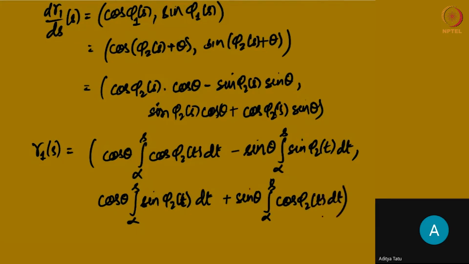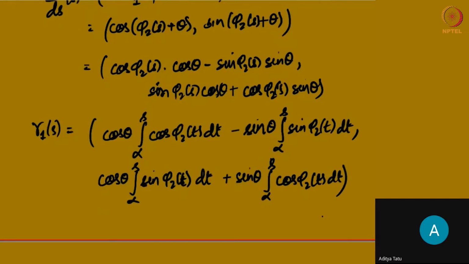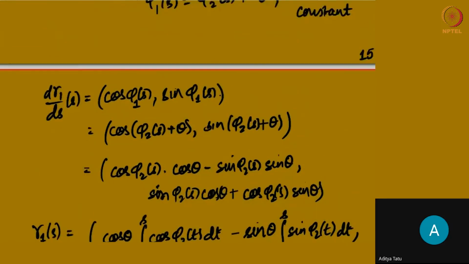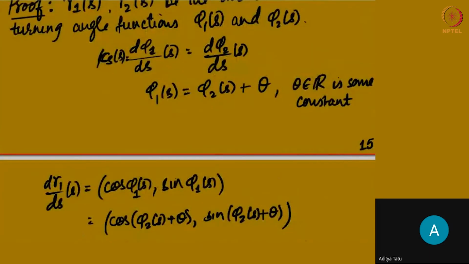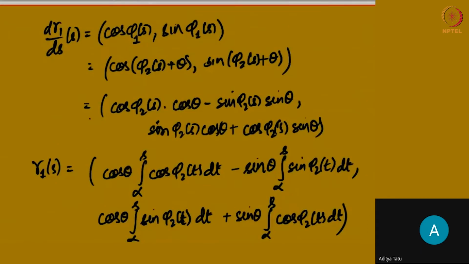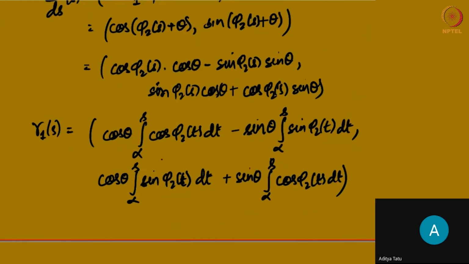Anything else that is missing? Something is missing, isn't it? See, it is more or less the same thing here. You're saying the derivatives are equal, so the functions would be different by some arbitrary constant. Here we are doing the same thing. When we are integrating, even with a definite integral, there would be an arbitrary constant, isn't it?